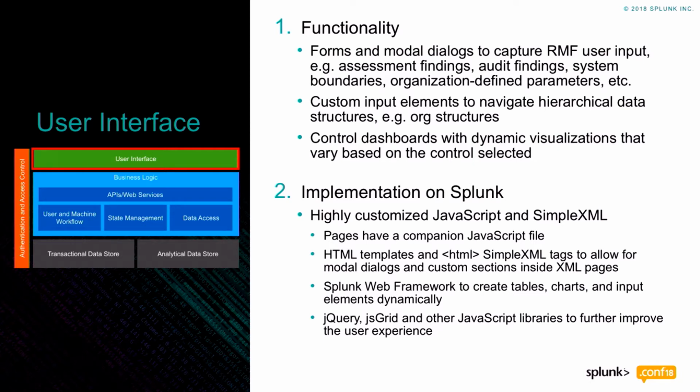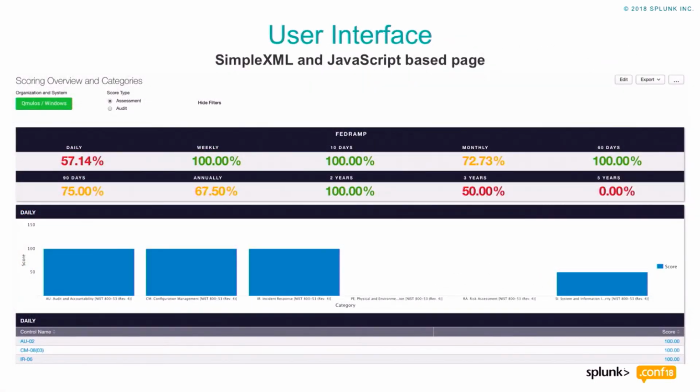So the way you end up doing that in Splunk is using a whole bunch of JavaScript and then putting HTML sections into your XML pages, and then relying on the Splunk web framework to dynamically add things as you go along.